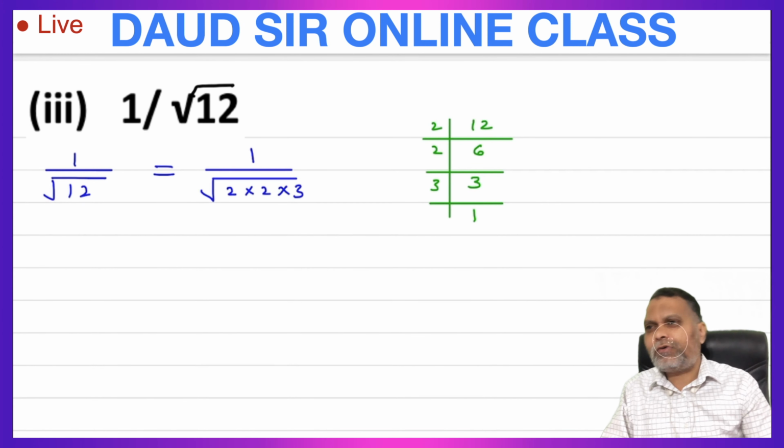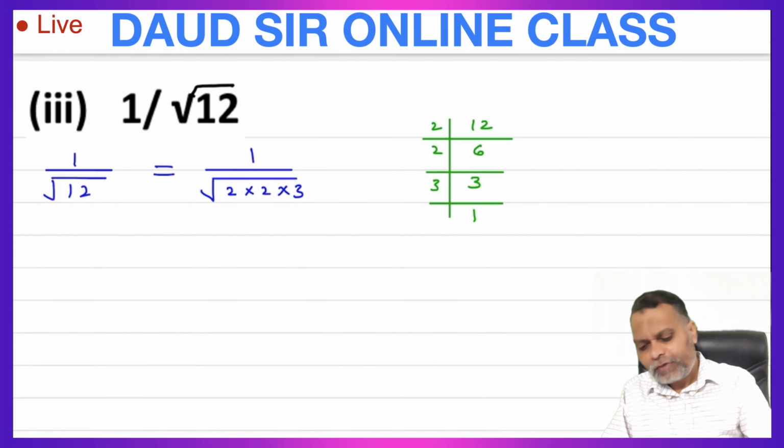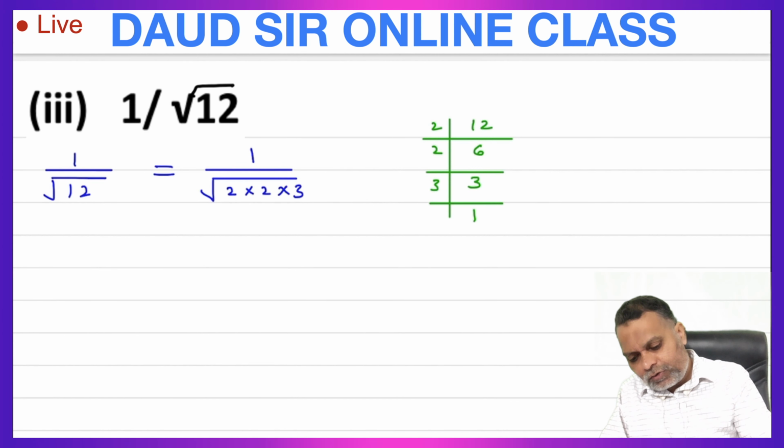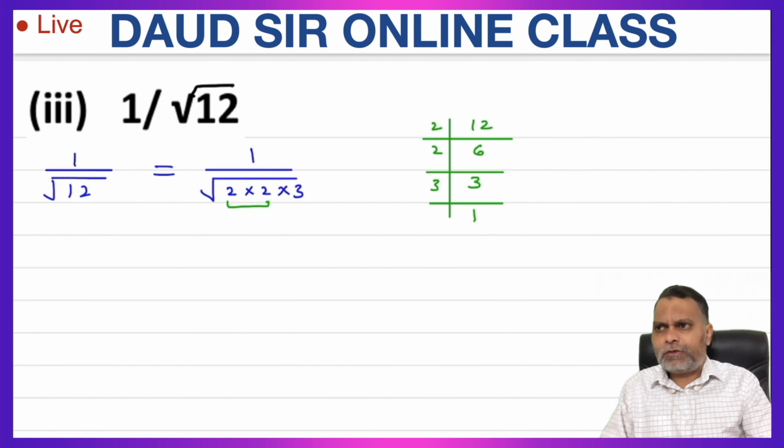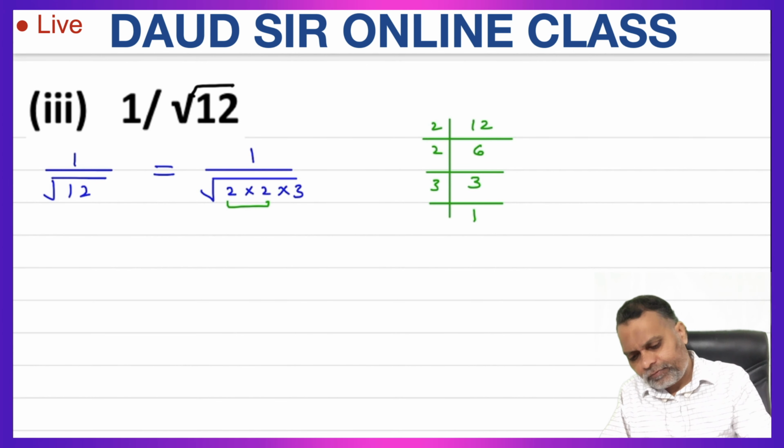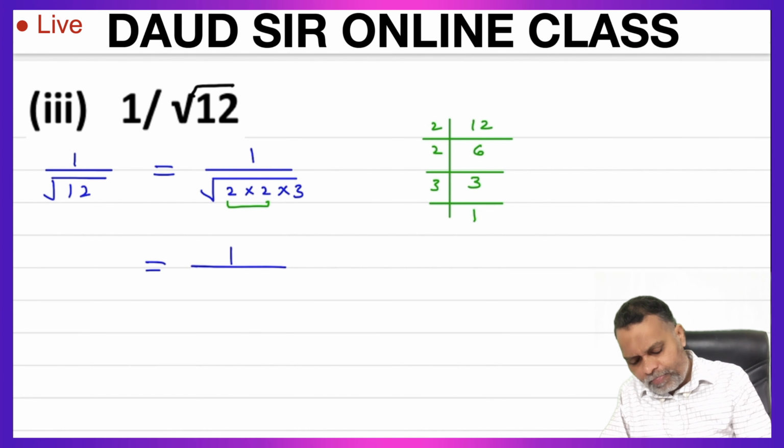So we can write 2 into 2 into 3. Now this 2 into 2 is one pair, so write this 2 outside the under root sign, which is equal to 1 upon 2 root 3.